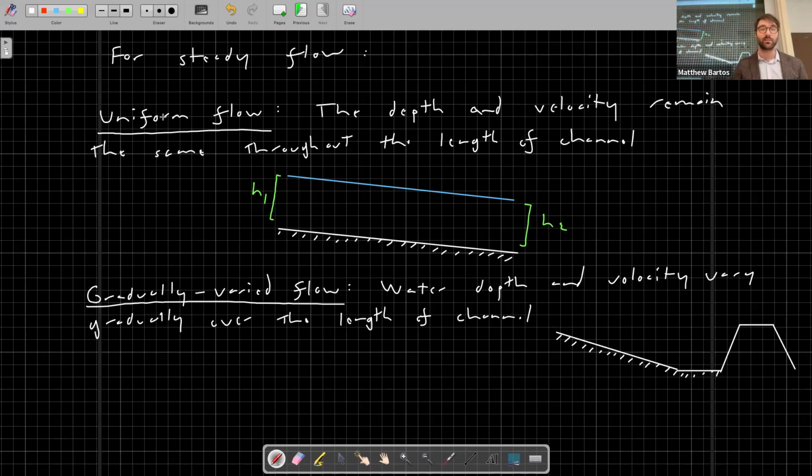So the water surface in this case will vary along the length of the channel. You'll have a shallower depth at the upstream end, and then as you approach the dam, you're going to get a larger depth like this. So this is called a backwater.